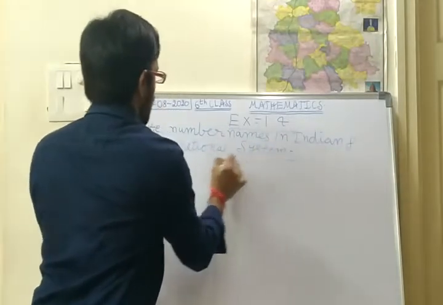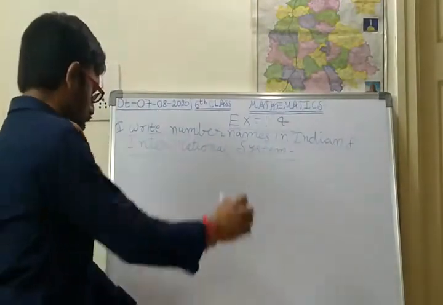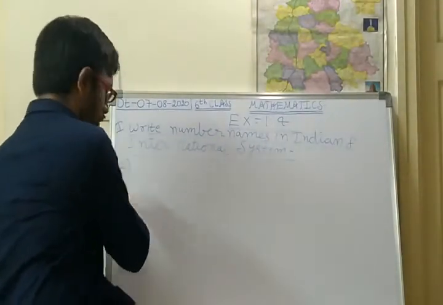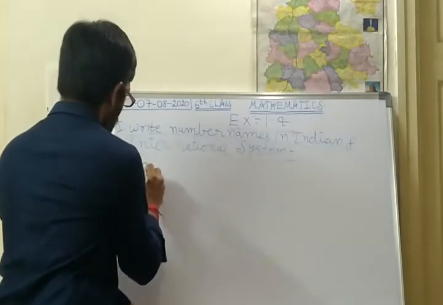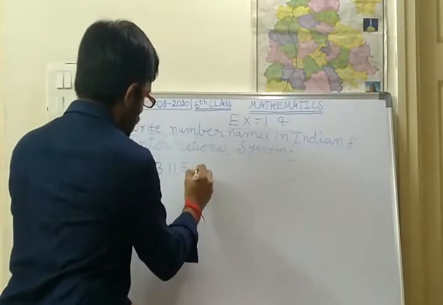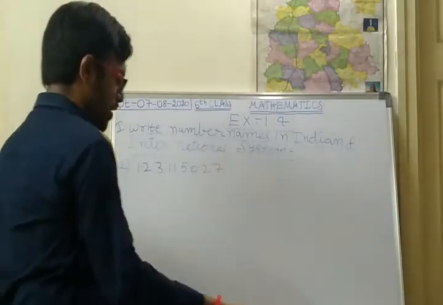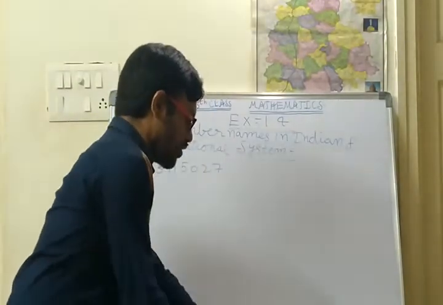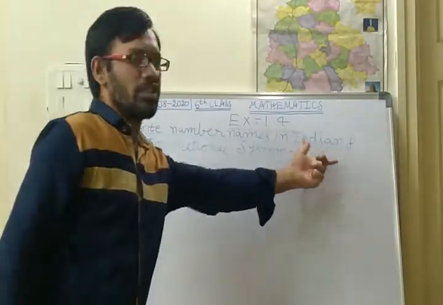In Indian and international system, you should write the number names. So, first one. What is the first one? 1 2 3 1 1 5 0 2 7. Okay, this is the problem. In this problem you should write the number name both in Indian system and international system.